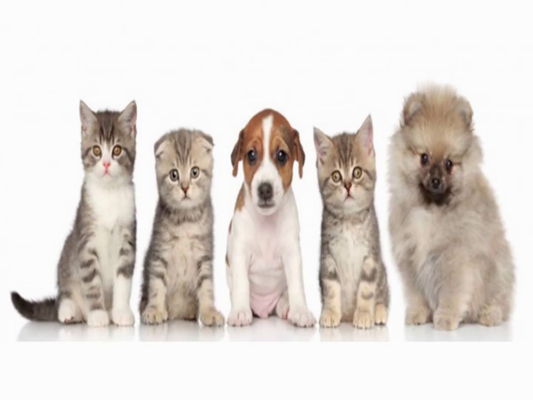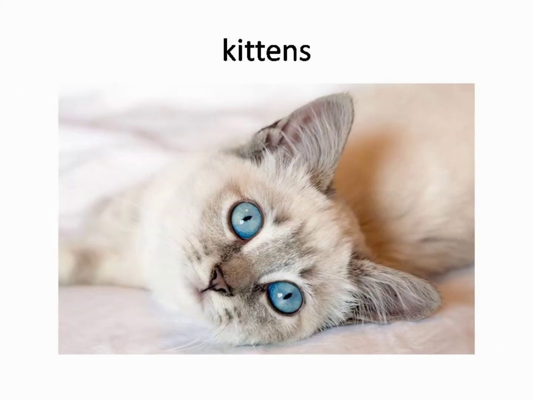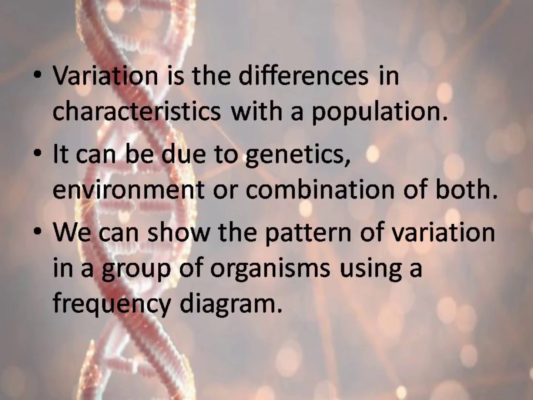One puppy is fluffier than the other. They have different colored fur, and the kittens have different colored eyes. Variation is the differences in characteristics within a population. It can be due to genetics, the environment, or a combination of both.